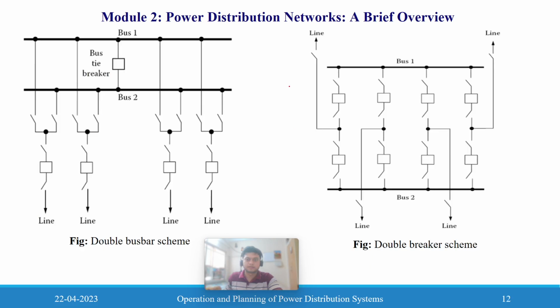Next, we have the double bus bar scheme. It has two buses, both always energized and connected by a tie breaker. It provides operational flexibility, that is, the possibility to move loads between buses.